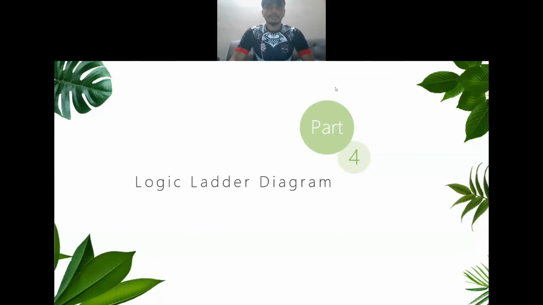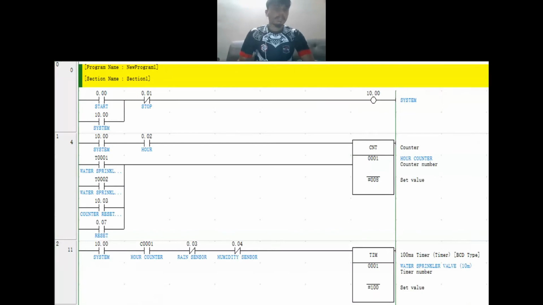Hi, my name is Jaythaan, and I'm going to talk about the logic ladder diagram for our project. This is our ladder diagram, which was made in CX-Programmer, and we'll start from rung 0.